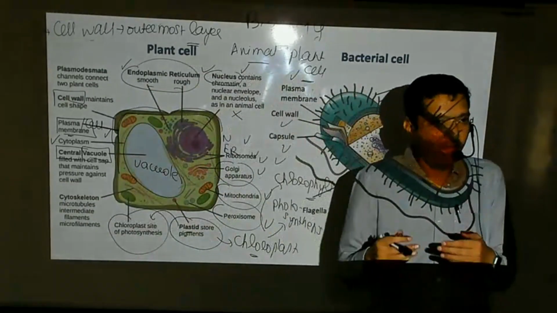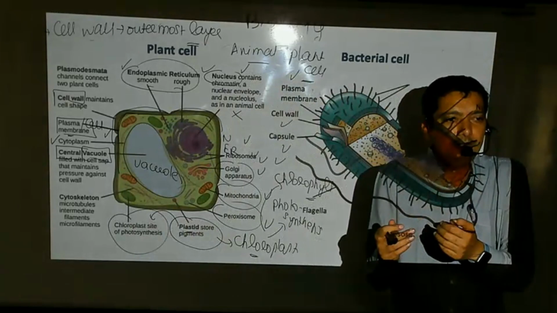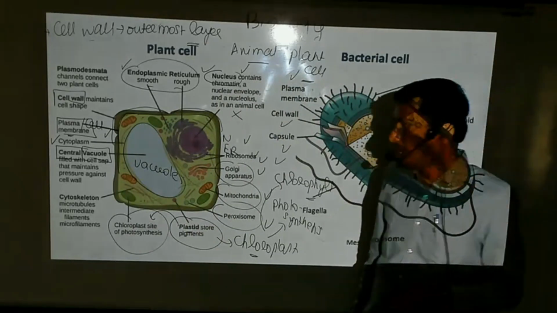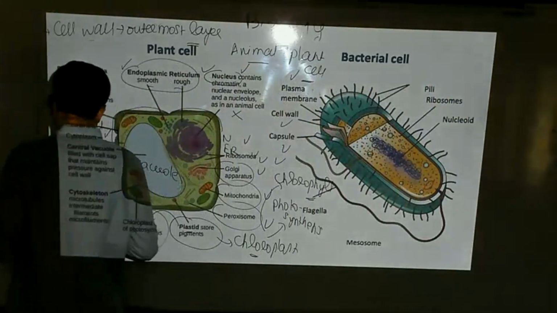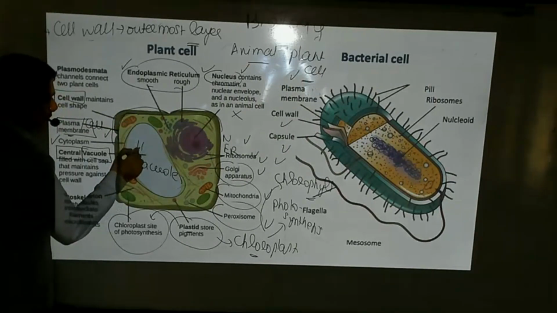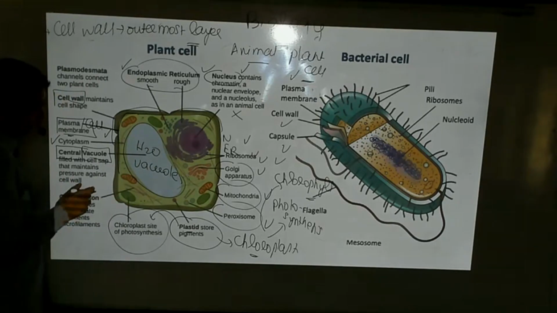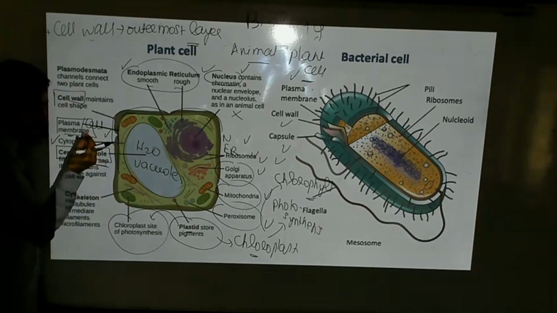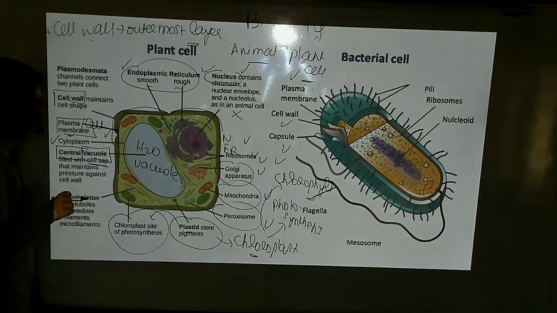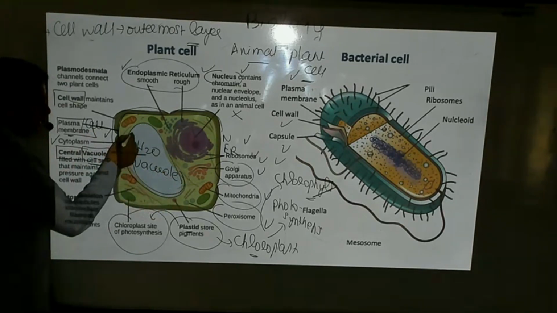It is more like a bag filled with water. It is filled with water, or they call it cell sap, cell fluid. Why do we need such a big bubble?